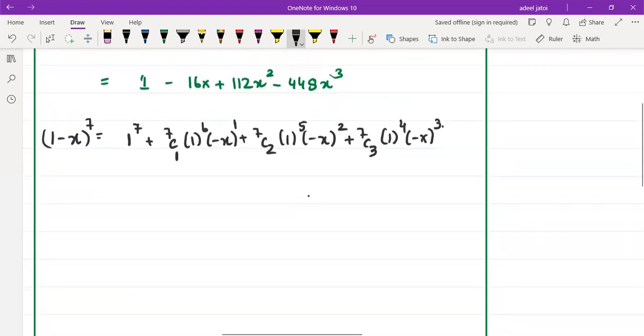So the answer for this is 1 - 7x + 21x^2 - 35x^3.